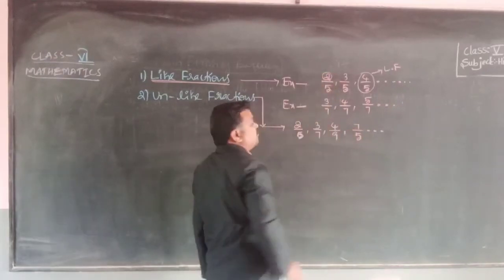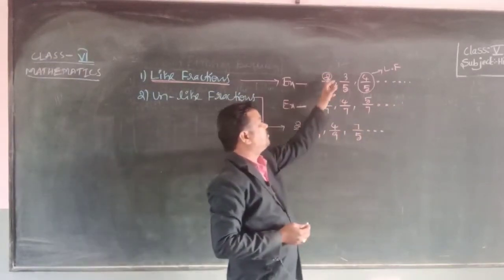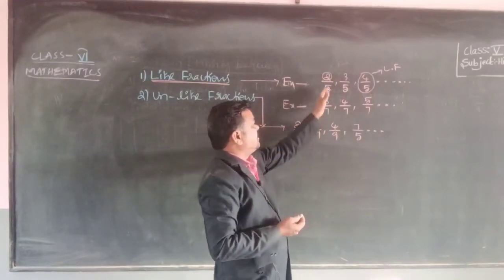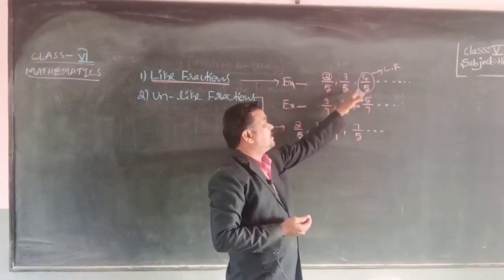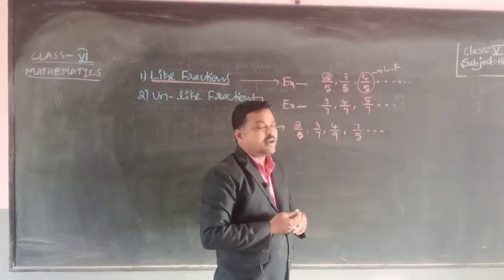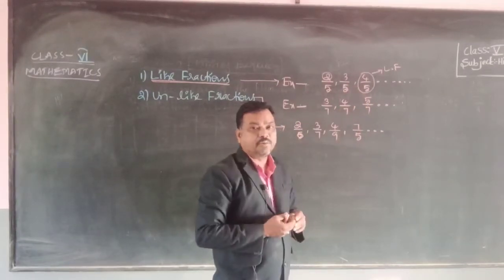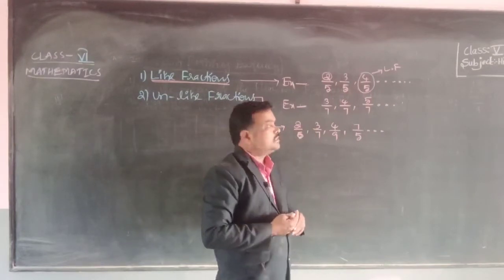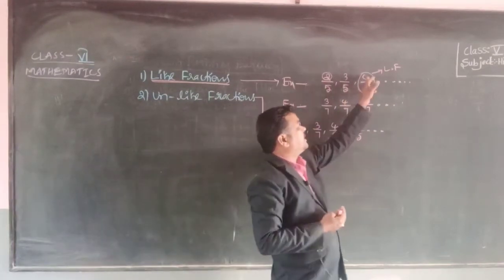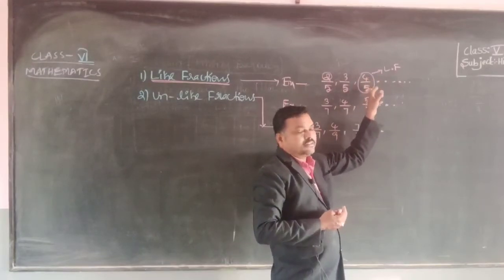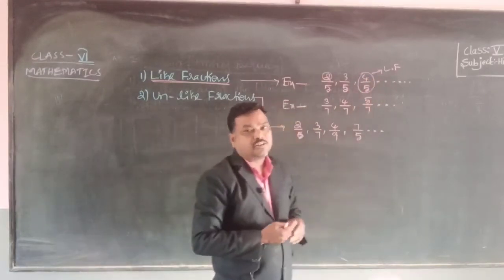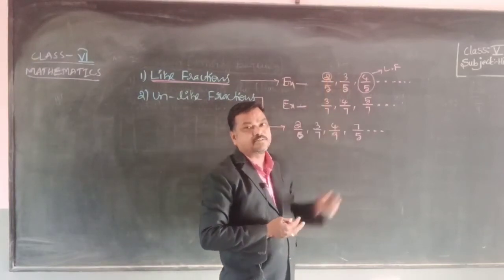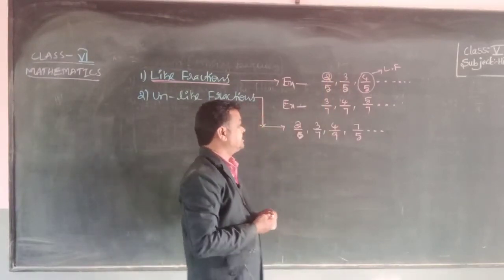The smallest numerator is 2, so 2 by 5 is the smallest fraction. Since the denominators are the same, we just have to observe the numerators. The fraction with the largest numerator is the largest fraction, and the fraction with the smallest numerator is the smallest fraction.